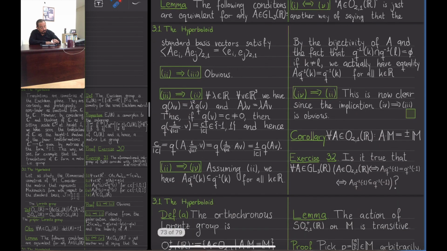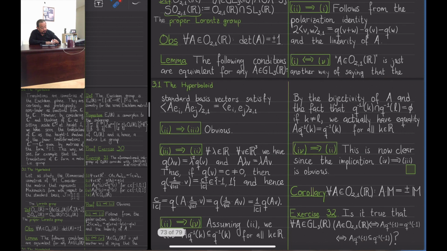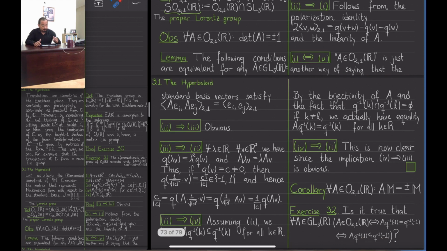Okay. And now, as a corollary of this proposition that we just proved, if I take an element of O(1), then in particular, when we apply 4 for -1, we see that A of M belongs to Q inverse of -1, right?